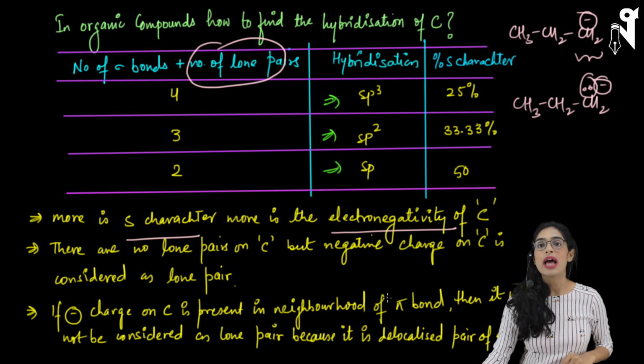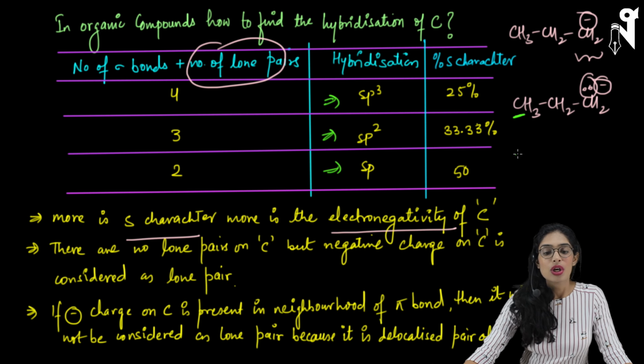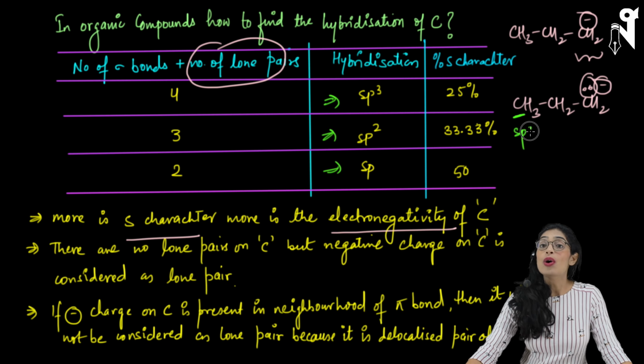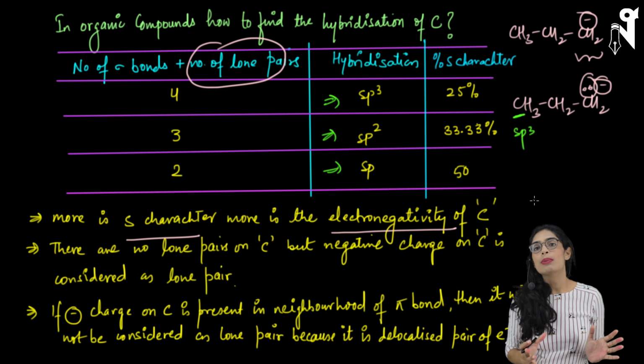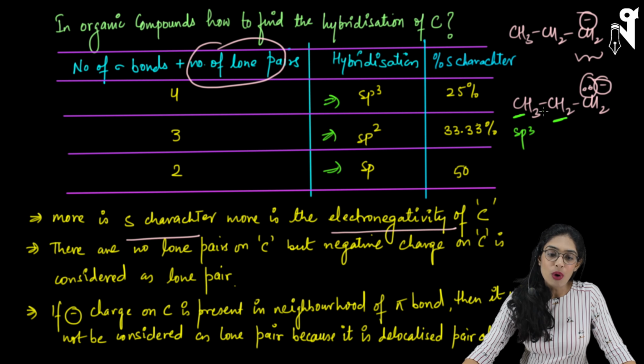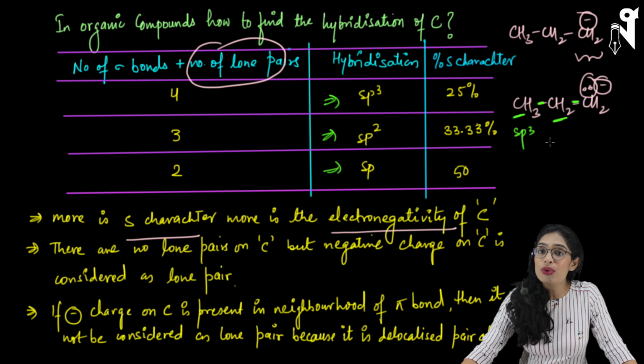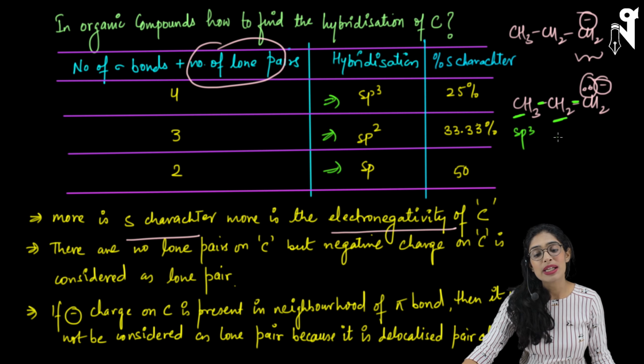Now if I have to calculate the hybridization of each carbon here, how will we do it? Let's understand. This carbon is making 4 sigma bonds, so the hybridization will be sp3. I hope you understand what sigma bonds and pi bonds are. Next is this CH2. It makes one sigma bond over here, and two sigma bonds with hydrogen. So again, 4 sigma bonds, and the hybridization will be sp3.